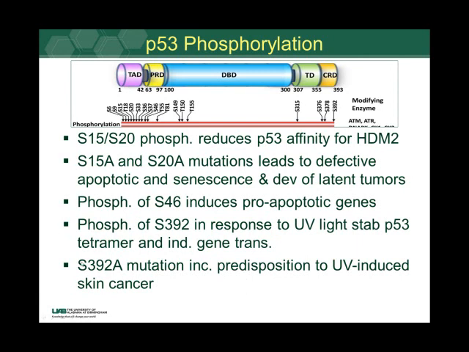If you were to mutate that serine to alanine at residue 392, then that mutation predisposes that cell to ultraviolet-induced skin cancer, in humans or in animal models. If you were to do that mutation in p53, it predisposes that host or that animal to ultraviolet-induced skin cancer.